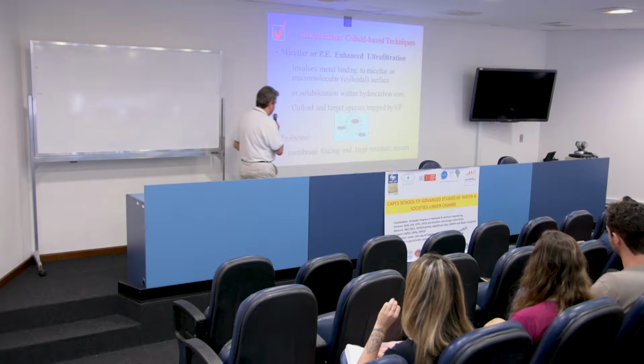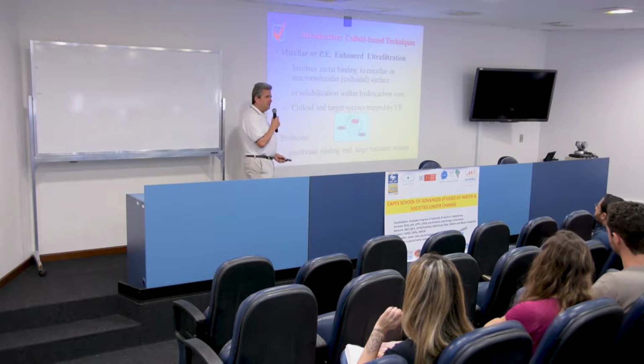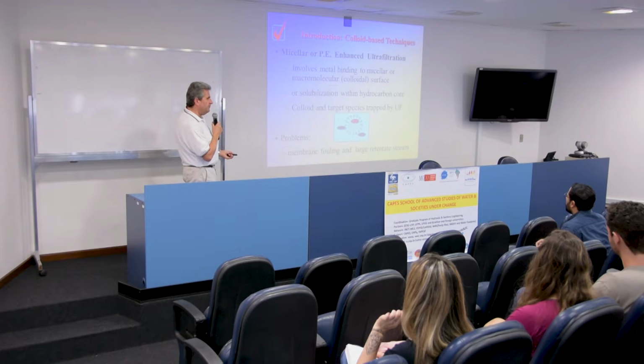But there are problems with this technique. As I mentioned yesterday, when we use membranes, they tend to foul. Fouling is where we have contamination, dirt, particles which are trapped on the surface, and they reduce the flux of fluid moving through the membrane. So membrane fouling is an issue. We have to stop and clean the membrane, and that's not very convenient. We also find very large retentate streams.